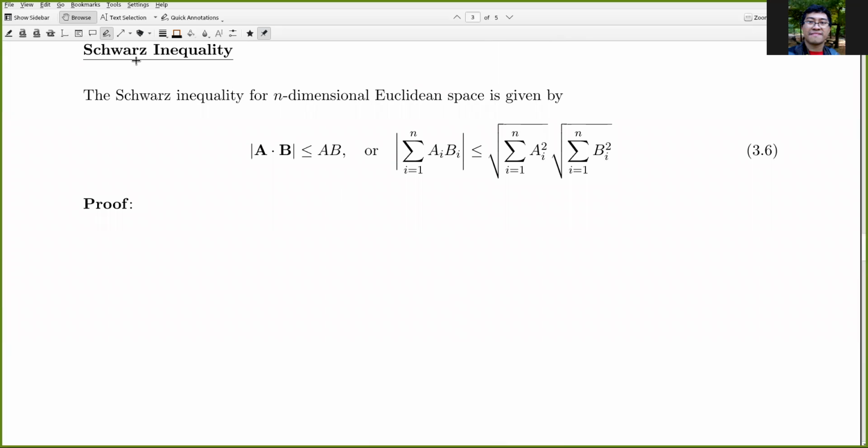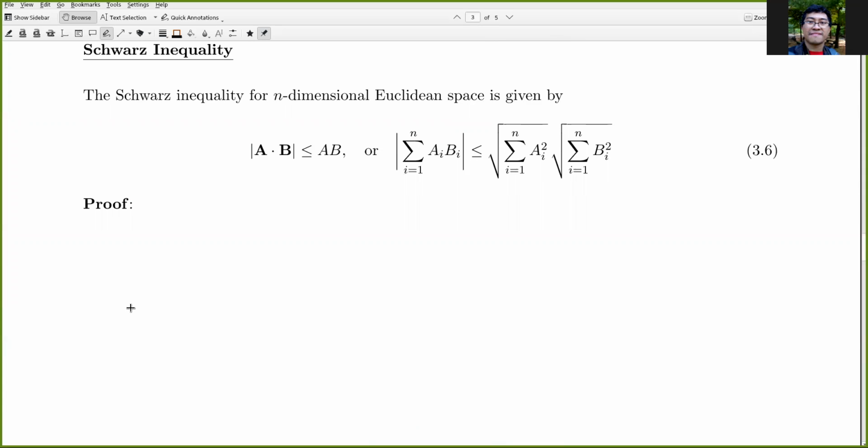There's something called Schwarz inequality for n-dimensional Euclidean space. It's given by this expression that you take the absolute value of A dot B, this is the norm of the inner product A dot B. That's less than or equal to magnitude of A times magnitude of B, or written like this.